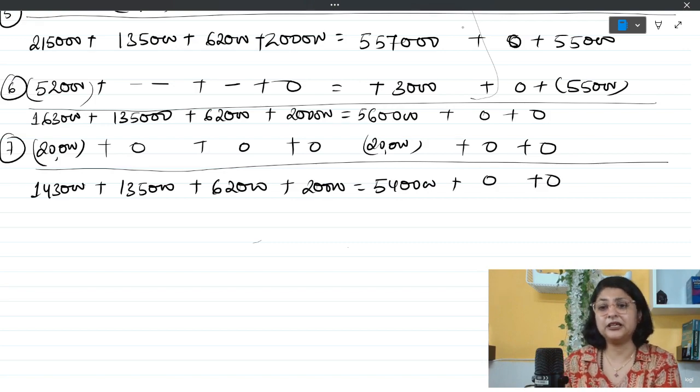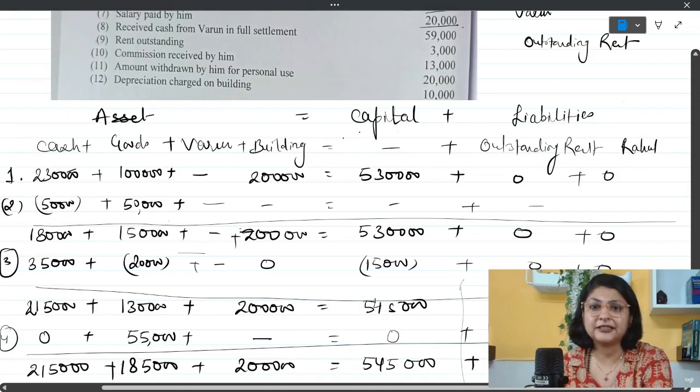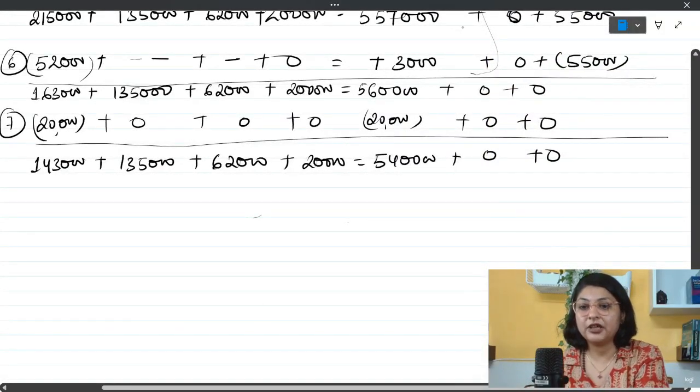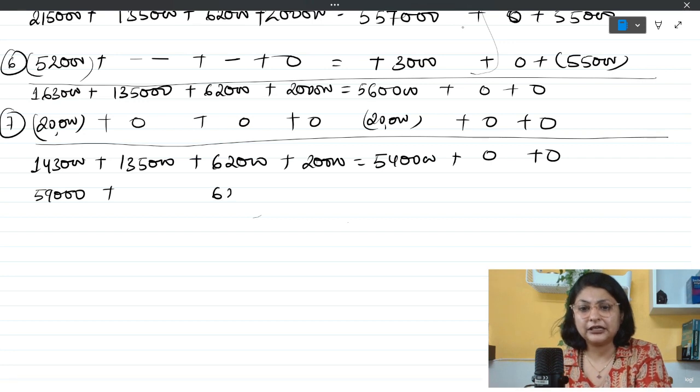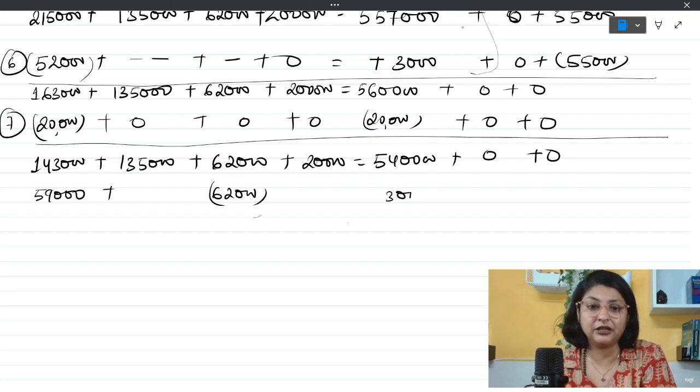Okay, now similarly I am going for the next transaction. This is transaction number 8, received from Varun in full settlement 59,000, whereas from Varun we had to receive 62,000. So we are adding 59,000 over here and we will be deducting 62,000 from here, whereas the discount which we have given to him, 3,000, will be deducted from capital.